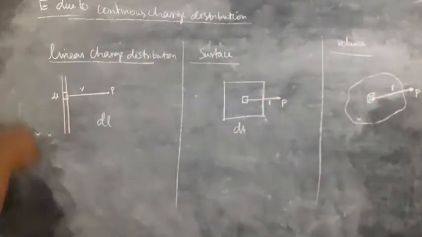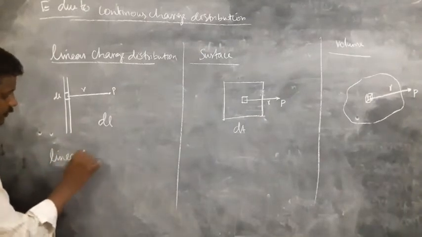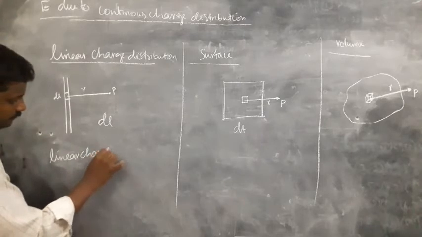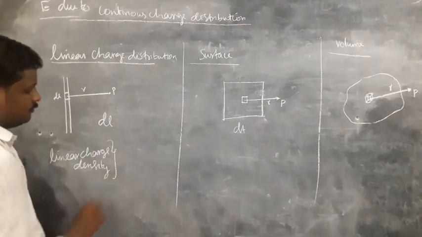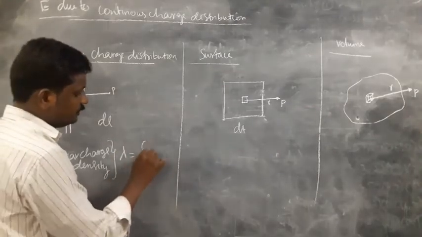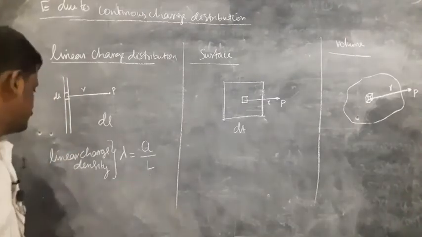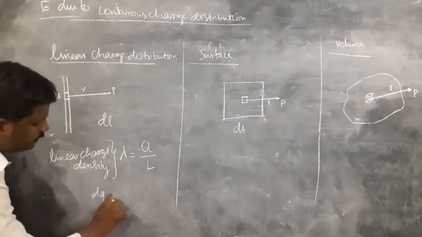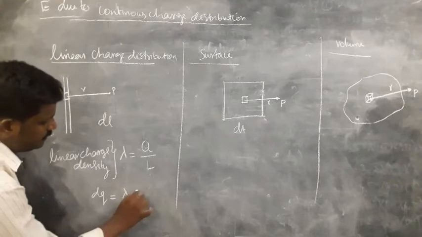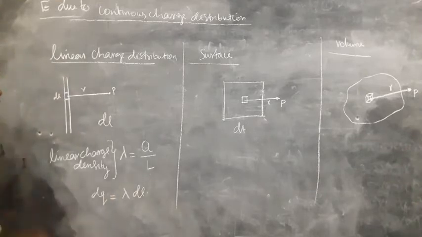Then the linear charge density lambda is equal to Q by L, where Q is the charge of the wire and L is the length of the wire. Then dq is equal to lambda times dl. So in length dl, dq amount of charge is present.